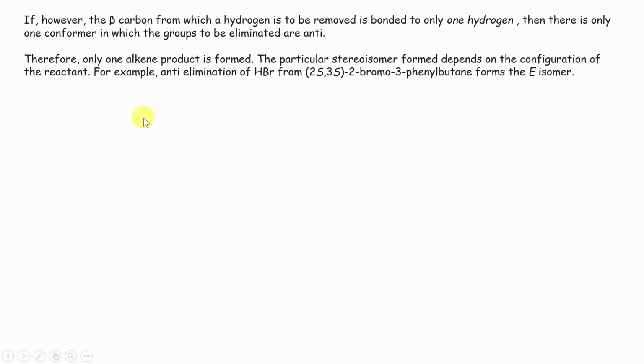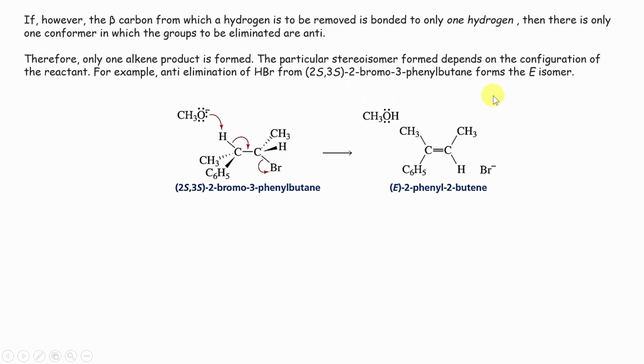For example, anti-elimination of HBr from 2S,3S-2-bromo-3-phenylbutane forms only the E isomer. It is this molecule, 2S,3S-2-bromo-3-phenylbutane, which on elimination reaction with methoxide ion loses a proton from the beta carbon atom.